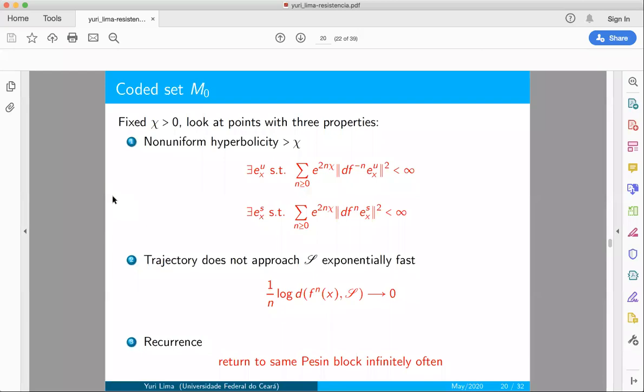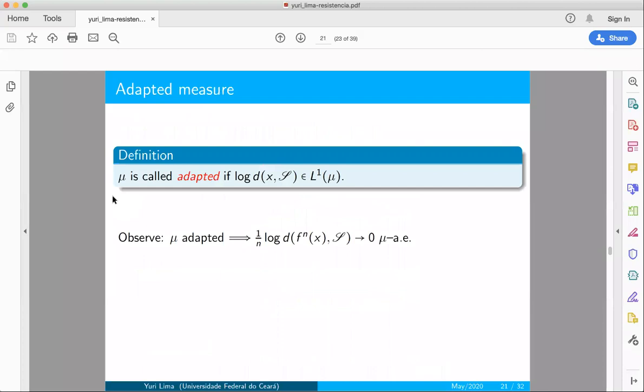All right. And well, finally, I'm going to say what an adapted measure is, which is somehow related to this second condition that we require, that the trajectories do not approach the singular set exponentially fast. And we say that an invariant measure is going to be adapted if this function, log of the distance of the point to the singular set, is in L1 of the measure.